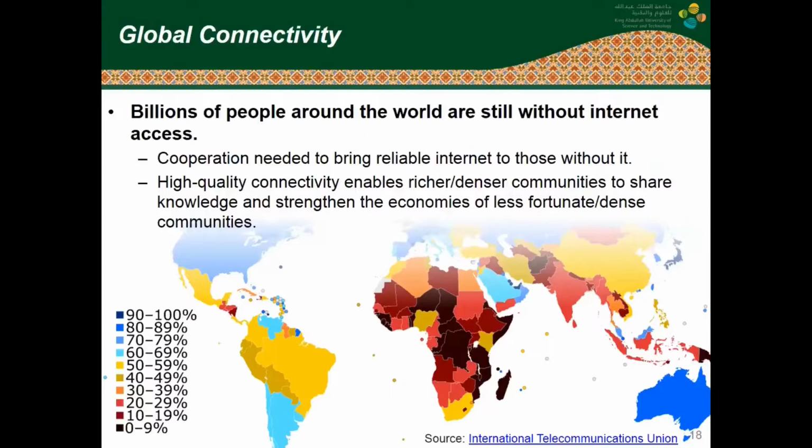If you look at this map, which shows you the percentage of connectivity in the world, then you see that many of these, let's say, developing countries in Africa or Southeast Asia or even South America are either pretty much not connected if you are below 10% or so, or underconnected.